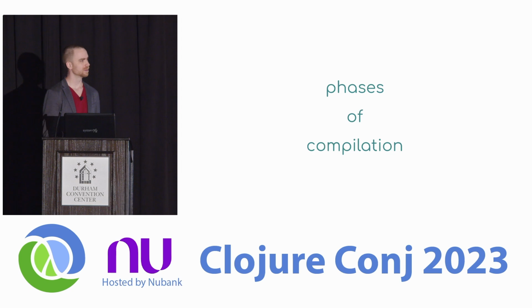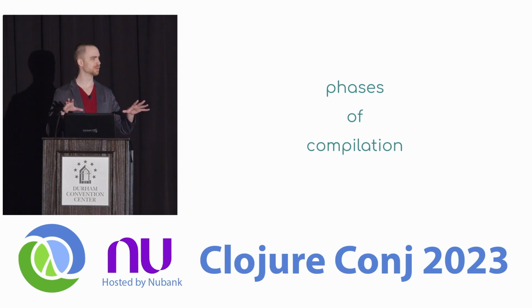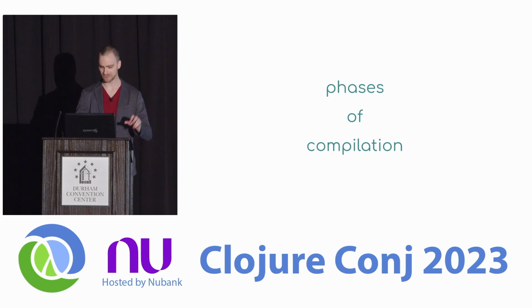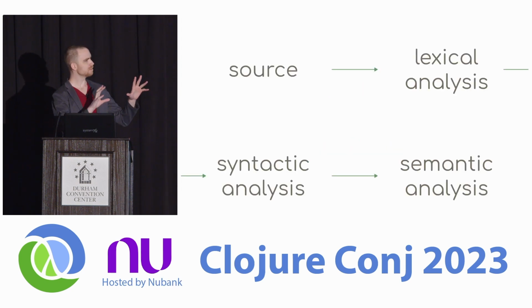Now, I want to talk about some terms of, no, not terms of engagement, that's a separate thing. Some terms of compilation. Before we get into this, I'm going to define some things. So, when a typical compiler works, we have some source code, we lexically analyze it, this is a term I'm throwing at you.